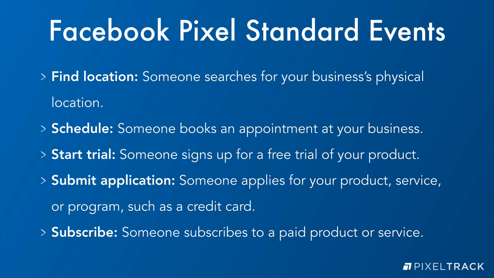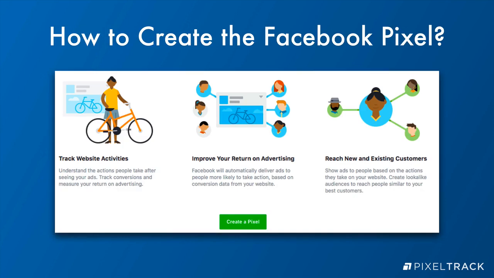So now let's jump into actually getting the Facebook pixel generated and installing the Facebook pixel on our blog. If you go inside Facebook and click on the top left navigation bar, you will be able to see a link called pixel or pixels. And for the first time that you are creating the pixel, you will see a page like this.